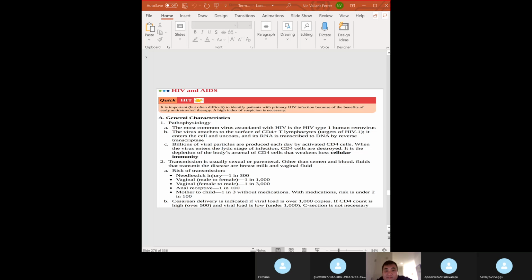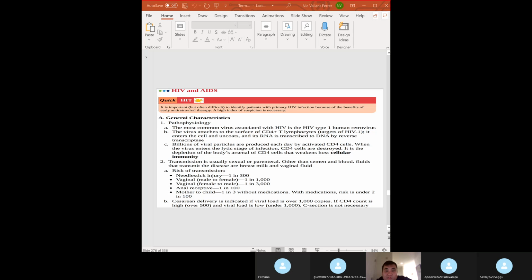Transmission is sexual, of course, or parenteral, right? Other than semen and the blood, fluids that transmit the disease are breast milk and vaginal fluid. Look at the risk of transmission. Needle stick injury, so us doctors, right? 1 in 300. Vaginal, male to female, 1 in 1,000.